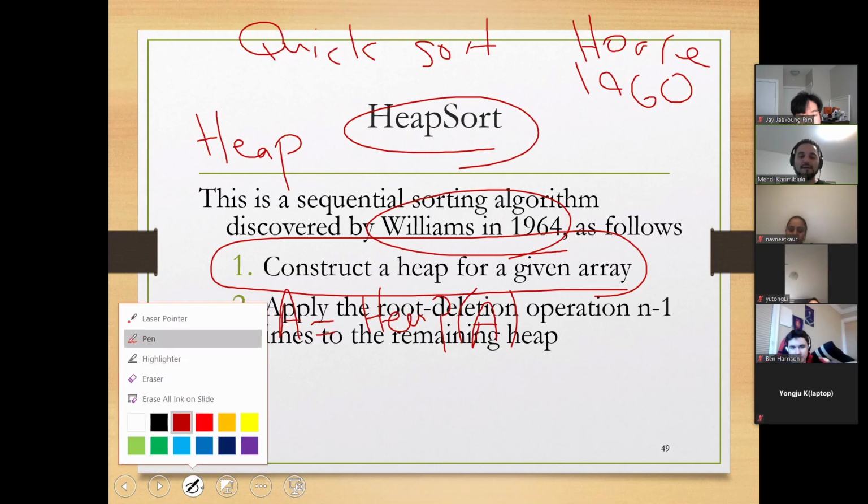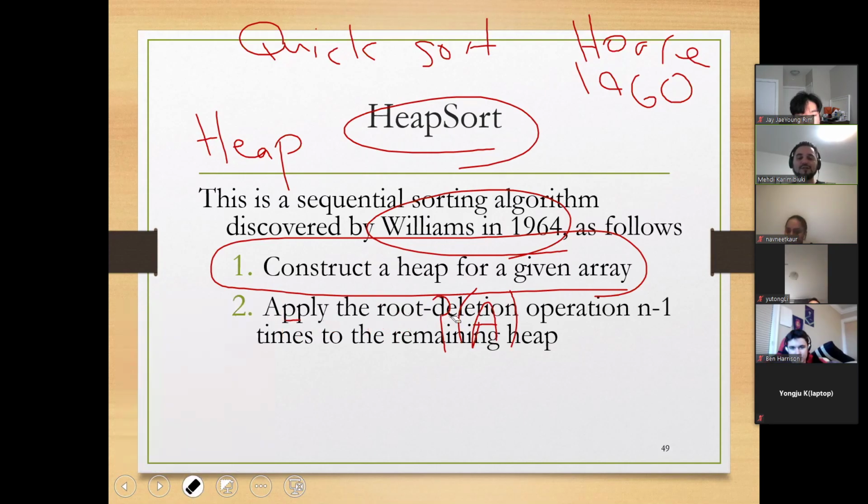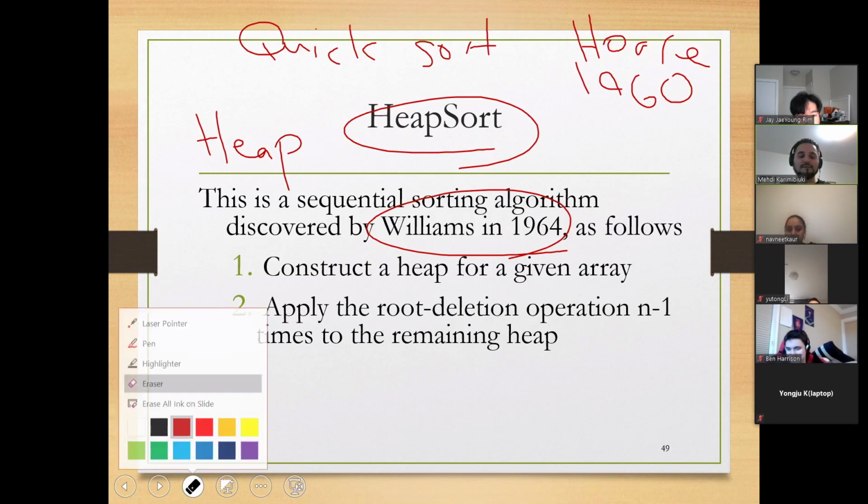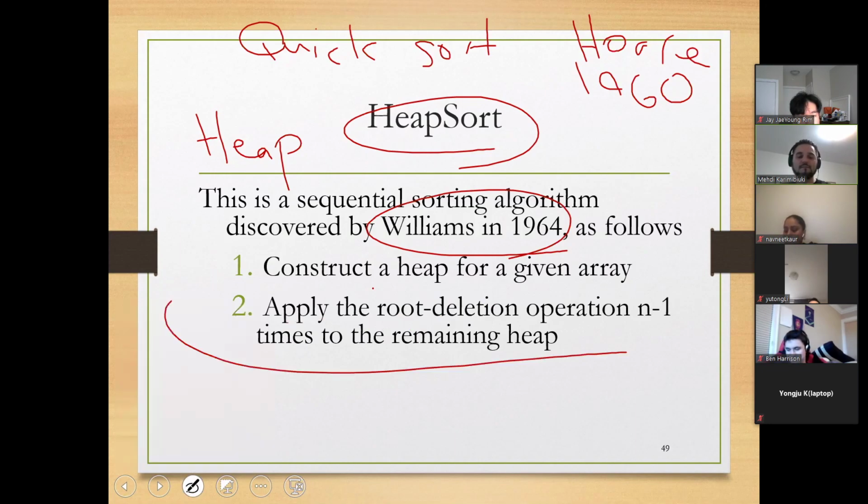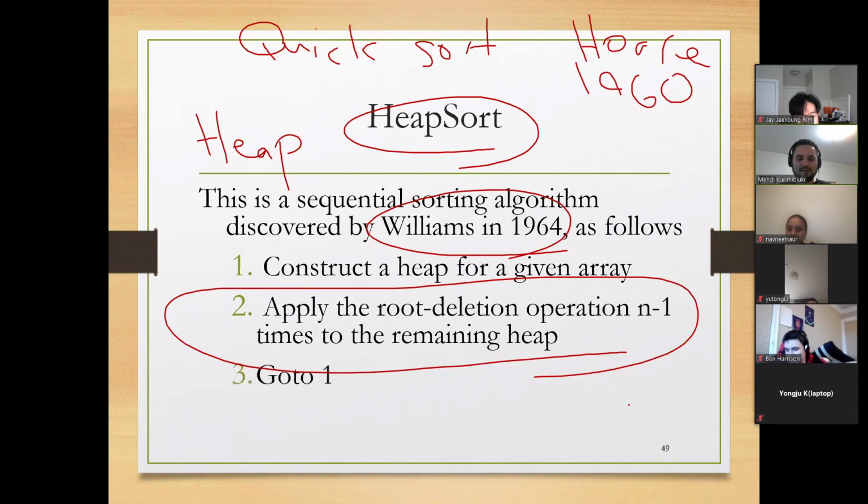Then you apply the root deletion operation n-1 times to the remaining heap. I'm going to let you know how we can do that. Then last but not least, we repeat the operation: we construct a heap again, apply step 2, and keep doing it.